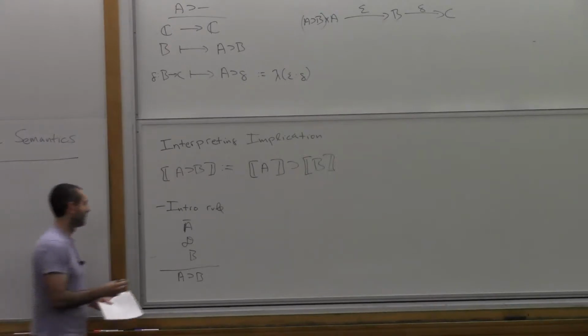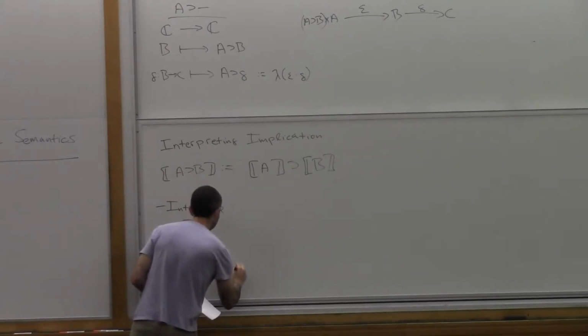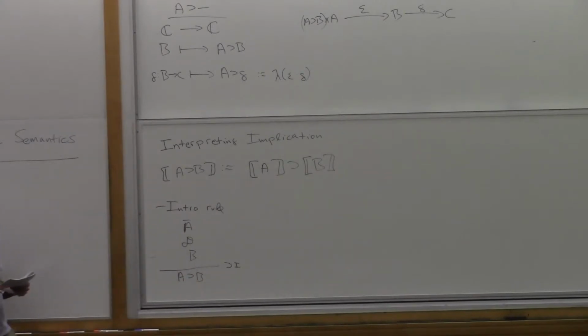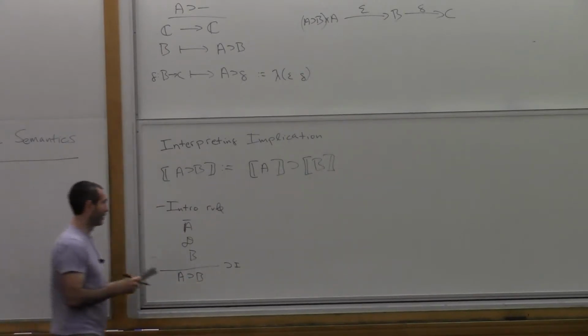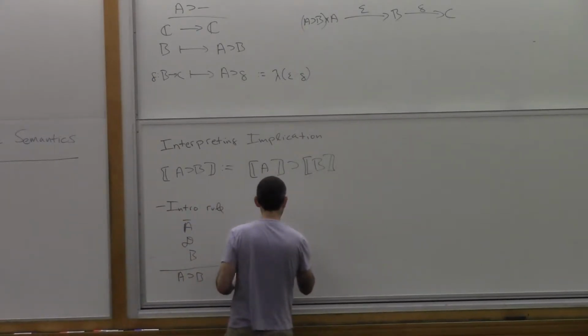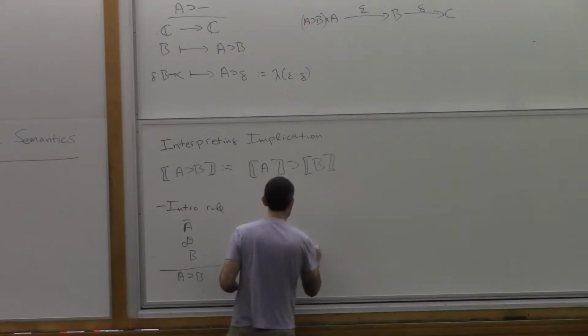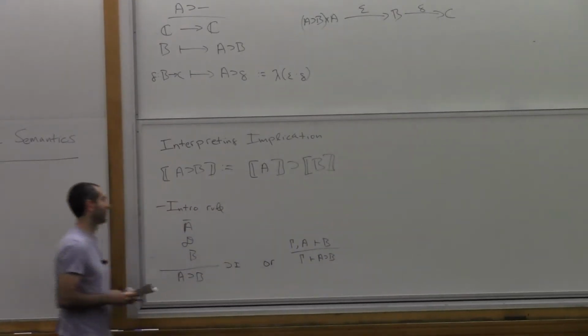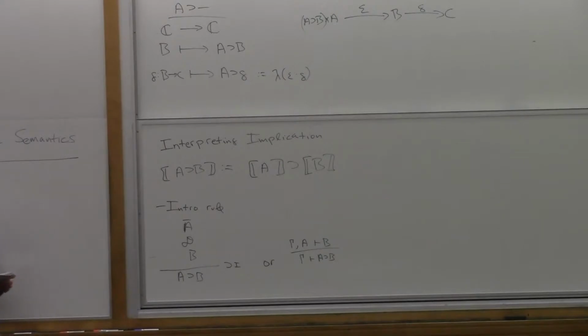But again, there's a problem here that has to do with the contexts. So let's try to write this in localized form. This says that if from gamma together with A, I can infer B, then from gamma alone, I can infer A implies B. So now we've made the context explicit.